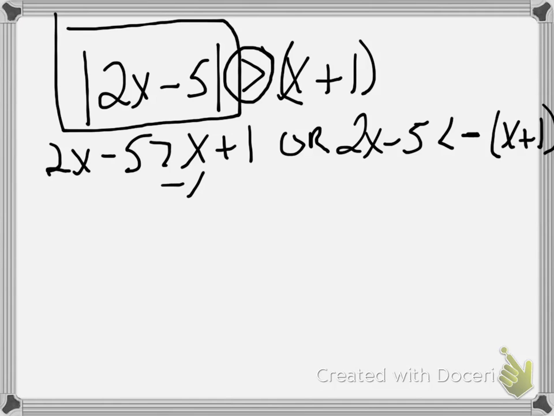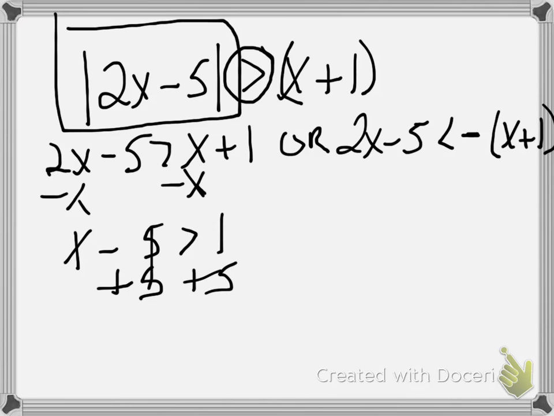So here I'm going to subtract 1x and subtract 1x. That's going to give me 1x, or just x, minus 5 is greater than 1. I'm going to add 5 and add 5, and that's going to give me x is greater than 6. Over here, now that I have to negate everything to the right, I'm going to have to apply the distributive property.